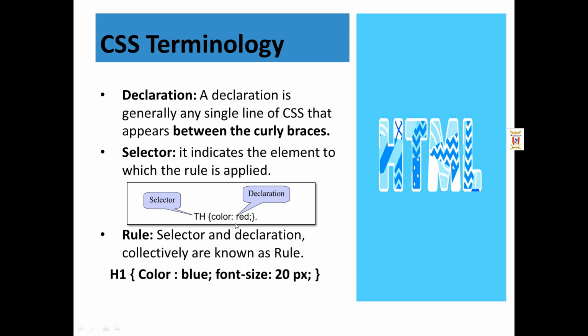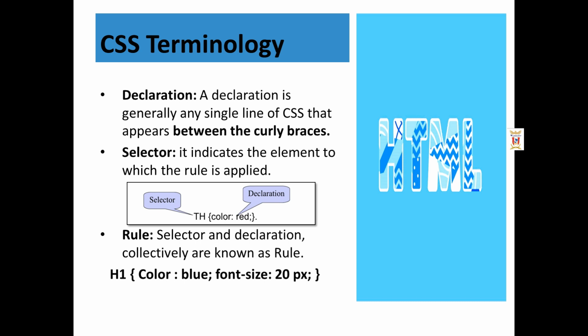So it becomes a declaration. The next term is the selector. It indicates the element to which the rule is applied. Here TH is the selector. It can be anything. Right now it is TH, meaning table heading. It can be HR, that is horizontal line. It can be body. It can be anything where you want to apply this CSS.